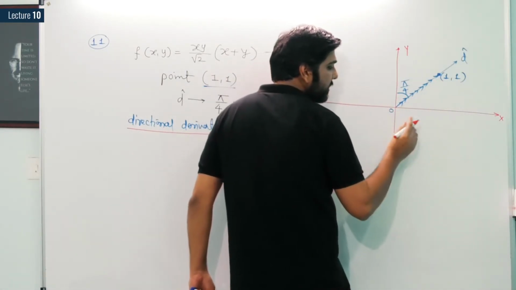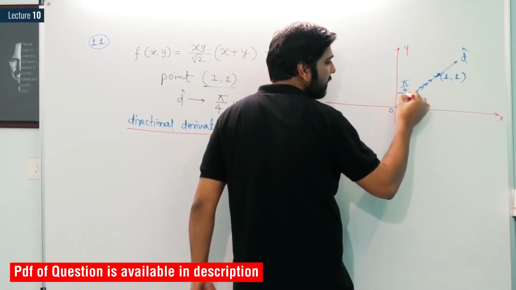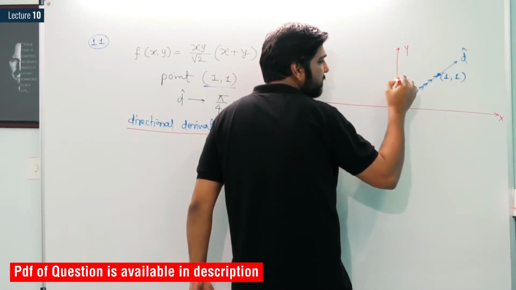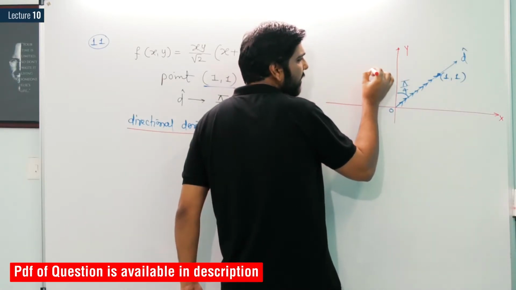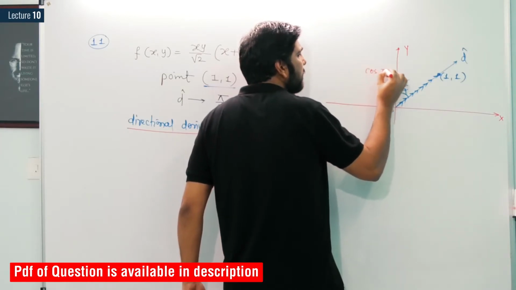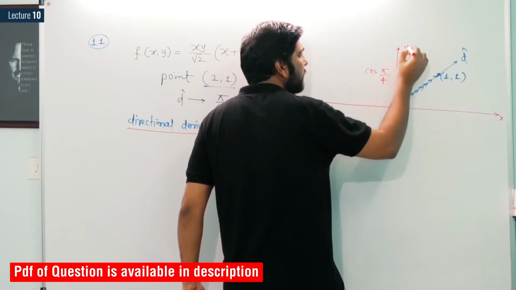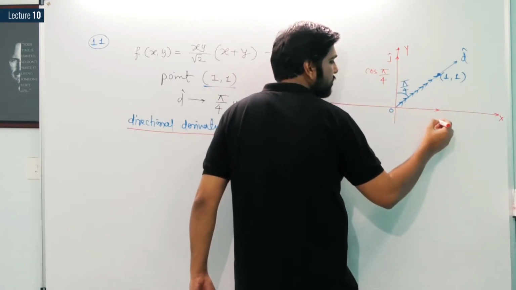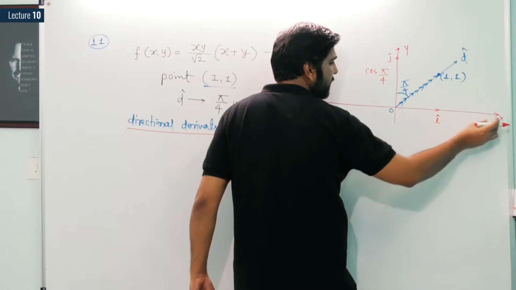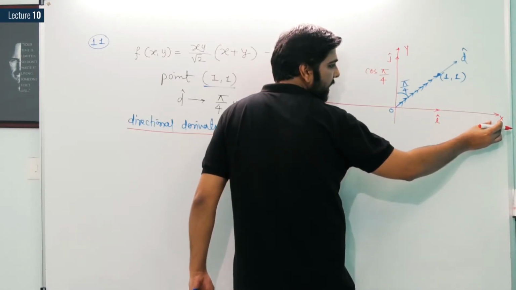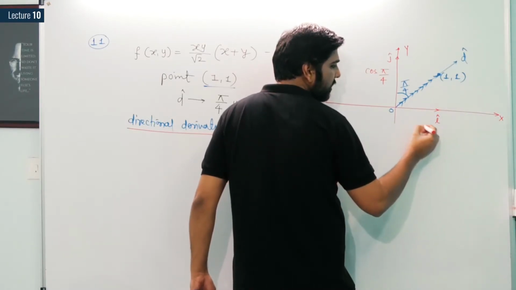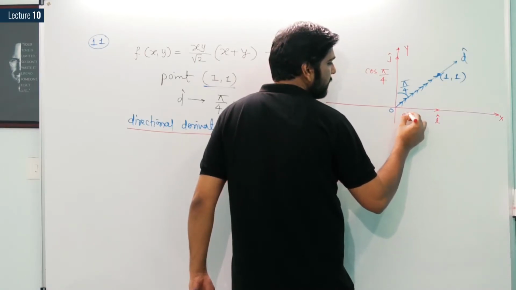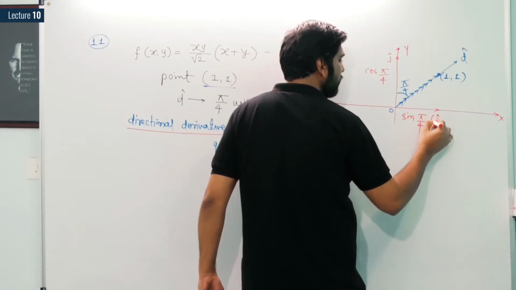So, my dear students, this is theta, and this is the base. So I have cos pi by 4 with j, and sin pi by 4 into i cap, along x.